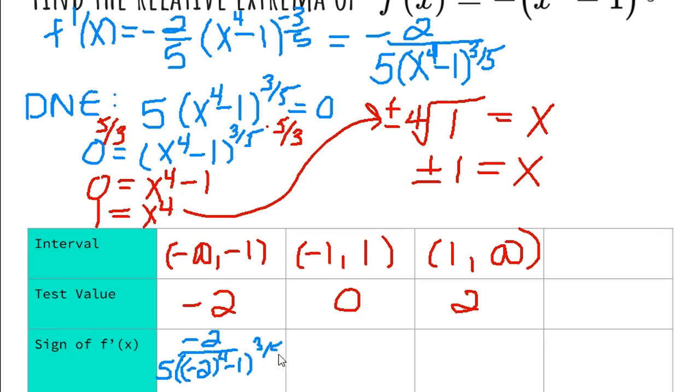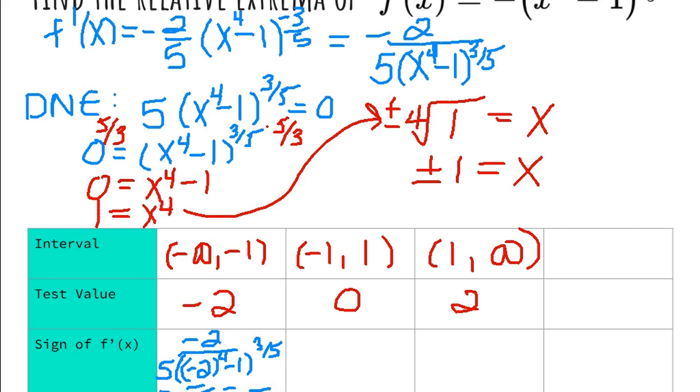Remember, I don't really care about the value, just if it's positive or negative. -2 to the 4th is something positive that's bigger than 1. So that's positive times 5 is positive. So I have a negative over a positive, which means it's negative.